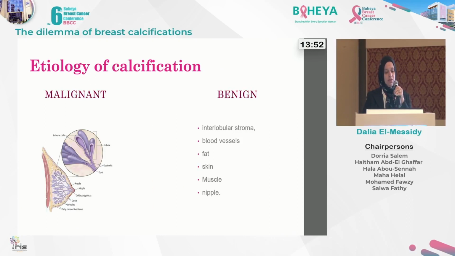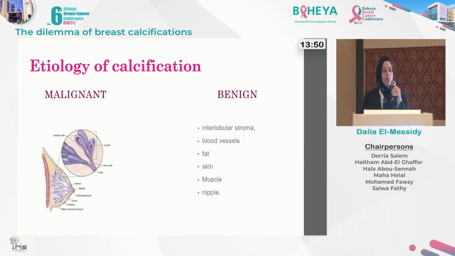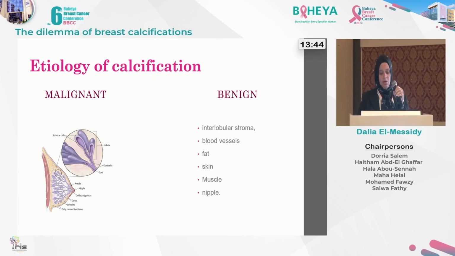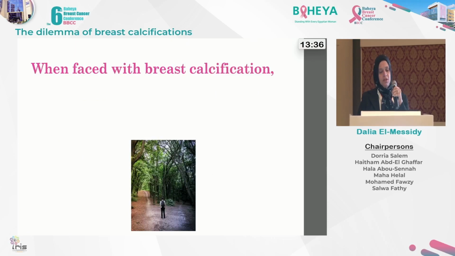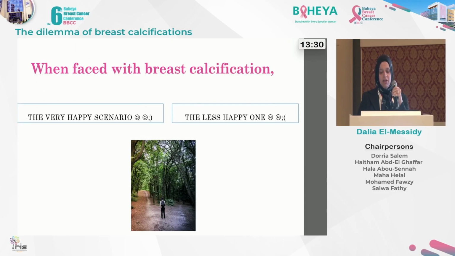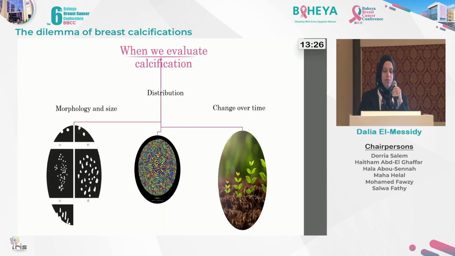Calcification can result from both malignant or benign conditions. Malignant conditions usually start in the terminal duct lobular unit, and benign conditions can be seen in the interlobular stroma, blood vessels, fat, skin, muscle, or the nipple. So when a radiologist is faced with breast calcification, he has to decide: is it the happier scenario of benign calcification, or the less happy and less common malignant calcification?